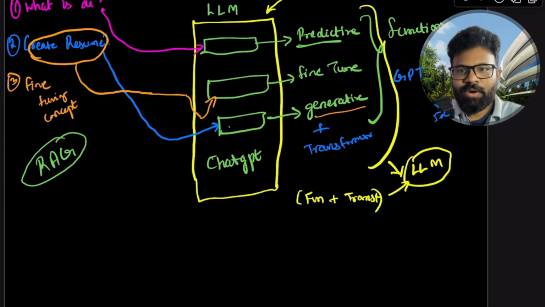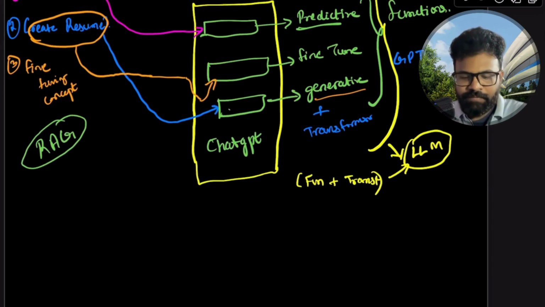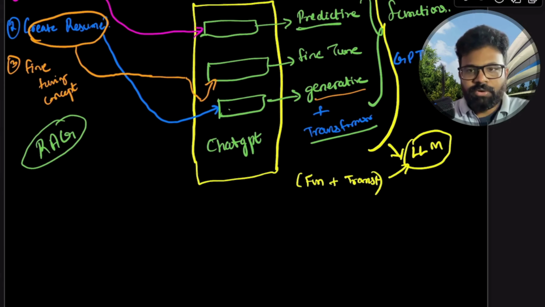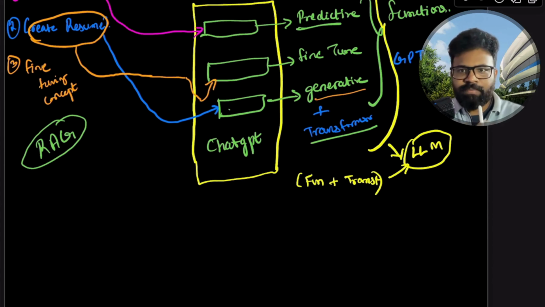I would like to add one more piece of information. Basically, we saw about LLM, but just to add a few things with respect to the transformer. So what does the transformer do? The transformer handles the request. You categorize the queries or the prompts into different sections like predictive, fine tuning, generative, and so on. But apart from that, the information which is fed to the LLM is done by the transformer.